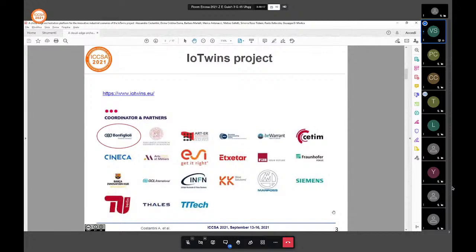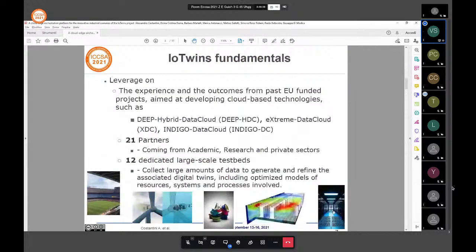The project has 21 partners. Here there are just the coordinators and some partners. As you can see, there are industrial partners as well as public partners, and Bonfiglioli is the industrial one that is leading the project.